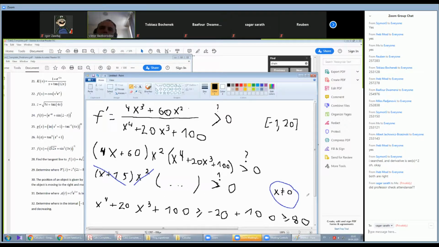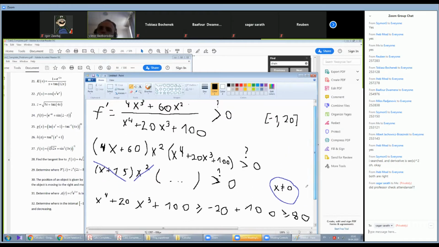So we exclude just one point, but on the rest of the interval, the derivative is positive. So the function is increasing then, right, on the entire interval. The derivative is positive everywhere except 0.